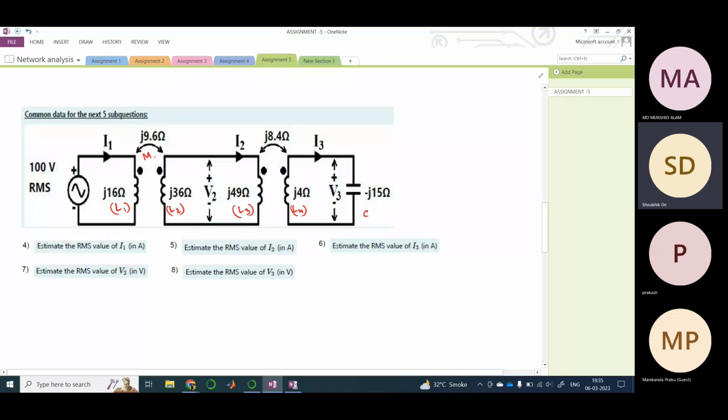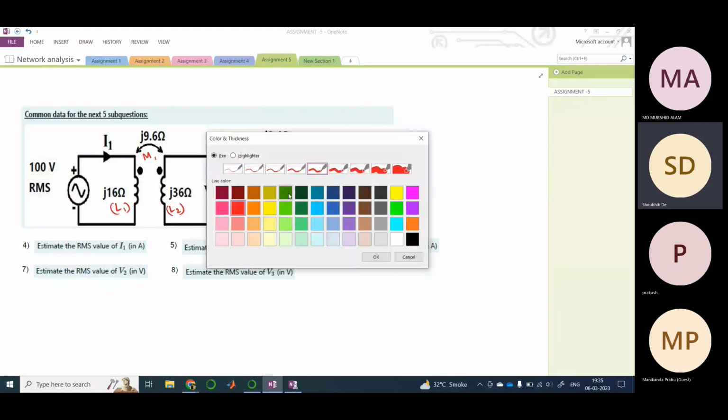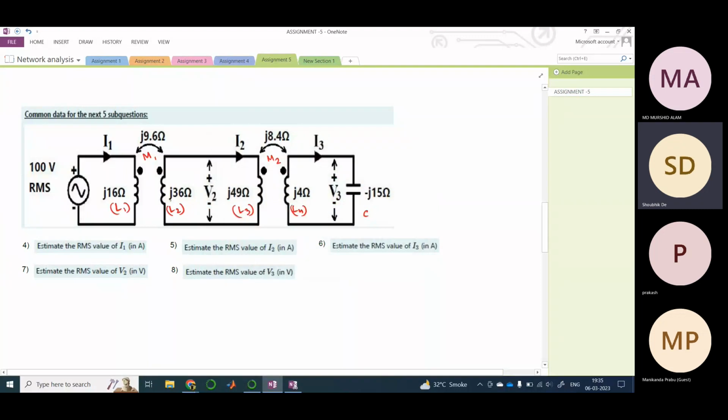This is M1, and this is M2. Again we need to use KVL in this problem because we have three meshes. So this is I1, this is I2, and this is I3.